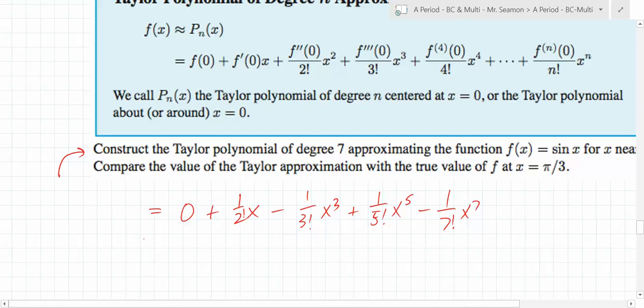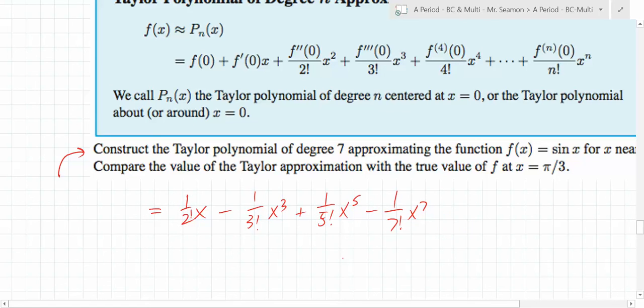And there are some terms missing there because they're zeros, right? But this right here, you would answer the question, absolutely, and you could delete that. That's fine. A common question on the AP test will ask you, what are the first 4 non-zero terms? These would be the first 4 non-zero terms of the Taylor polynomial of sine of x around what? 0. Around 0.